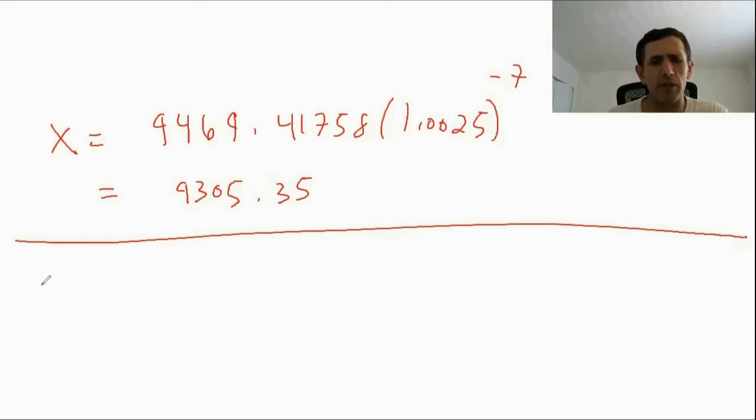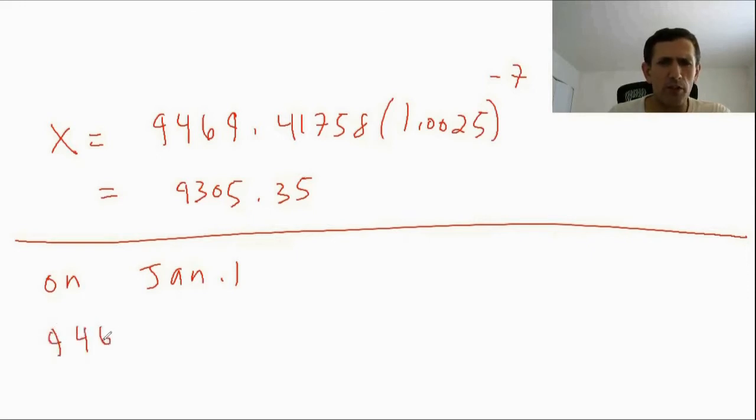let's maybe think about this in a slightly different way. So on January 1st, and this is not a very efficient way of doing this, but you can do it this way if you really so desire. On January 1st, I need 9469.41758. Okay.